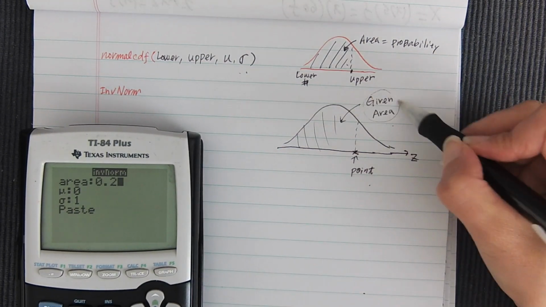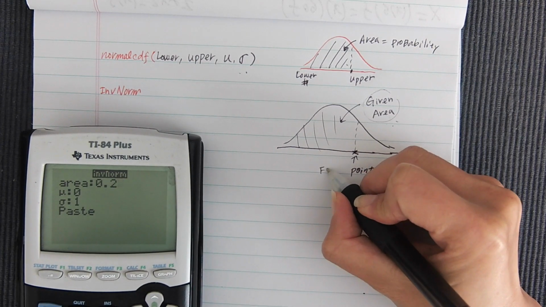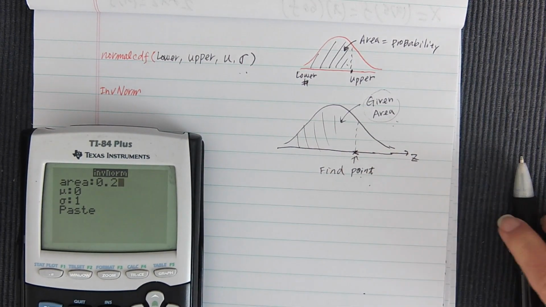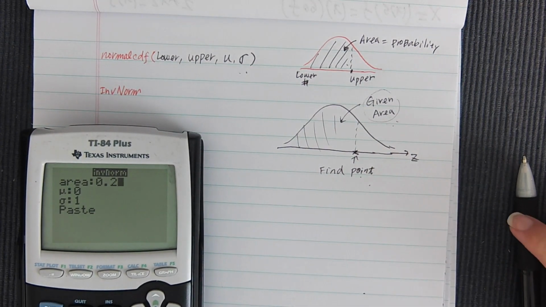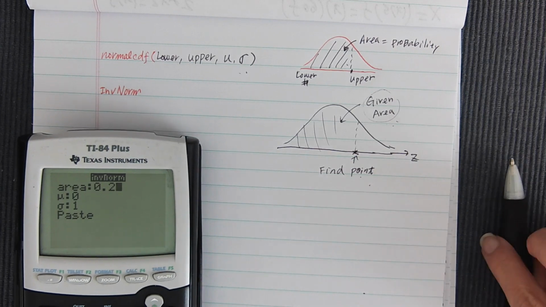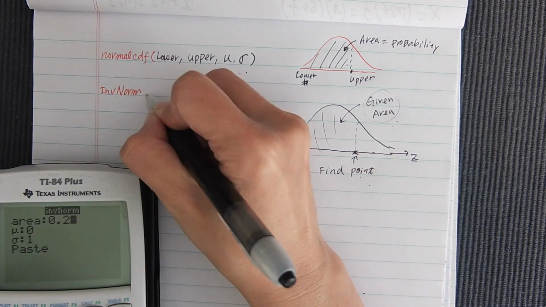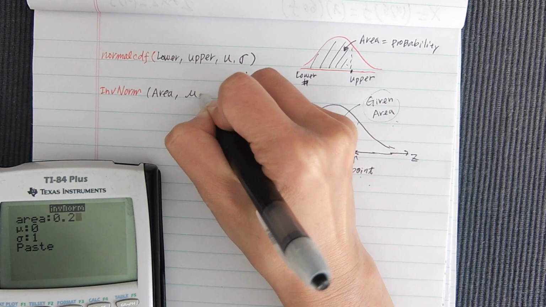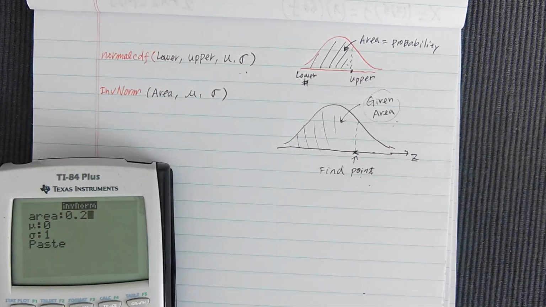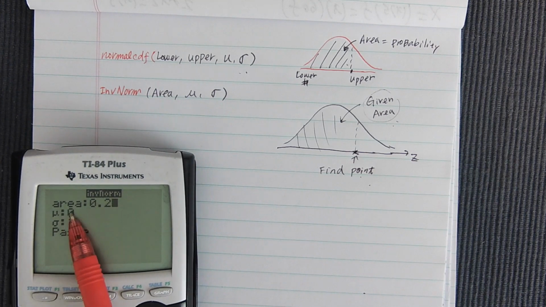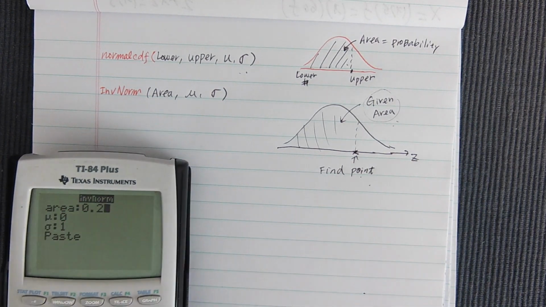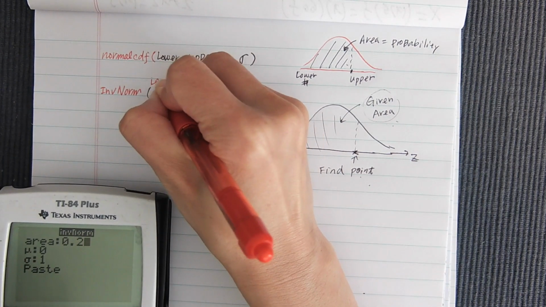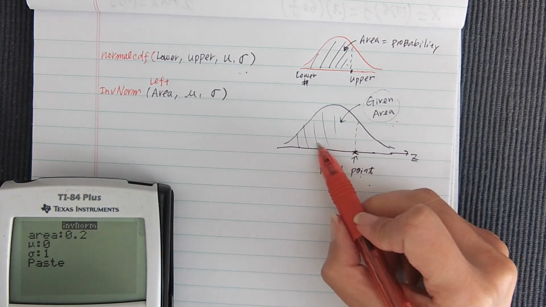Given the area, let's find the point. Yeah, that's the inverse norm. So it's the area and the mean and the standard deviation. But the area is always your left side area.